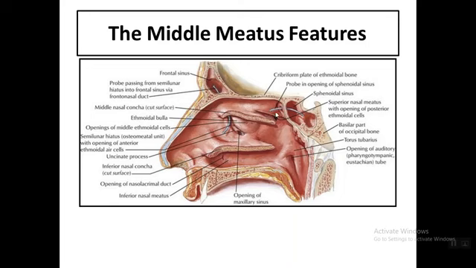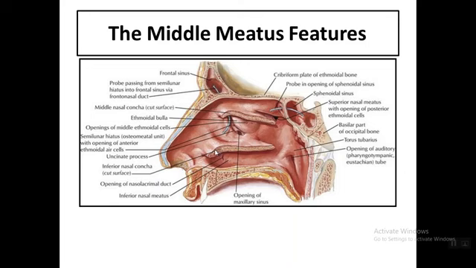Here this is the small superior concha, and below we have the superior meatus that receives the opening of the posterior ethmoid cells. The sphenoid sinus will open into the sphenoethmoidal recess just above the superior concha.